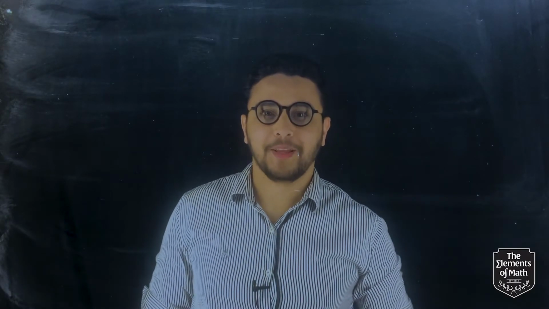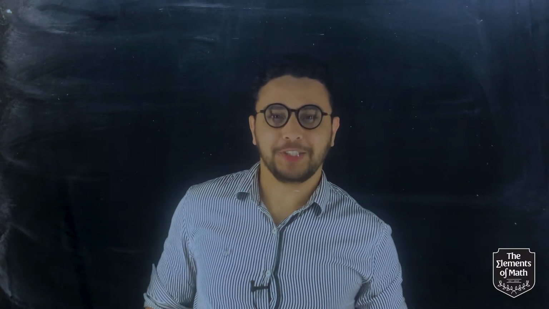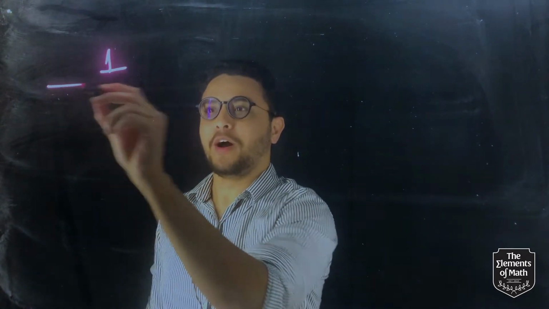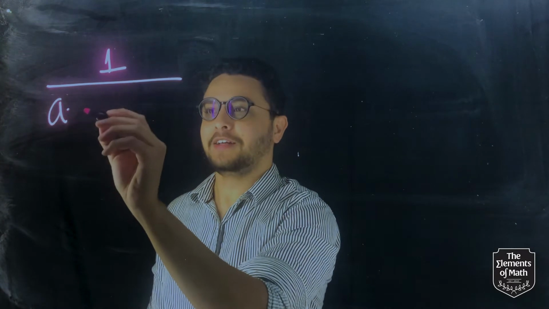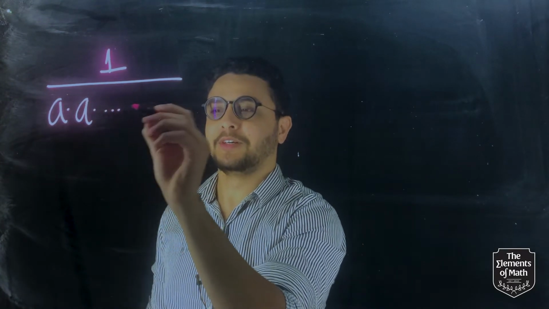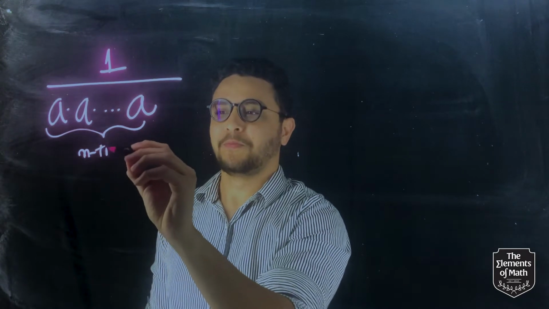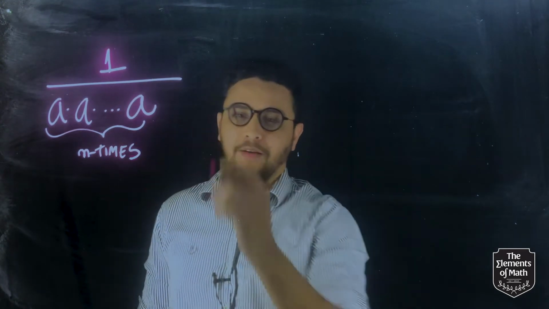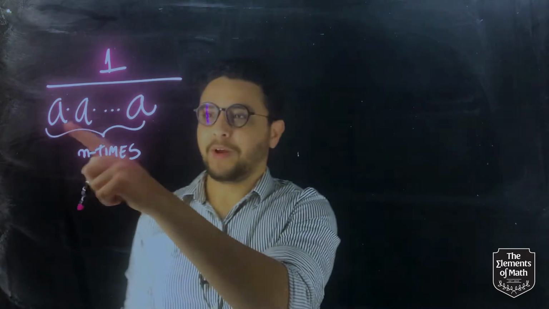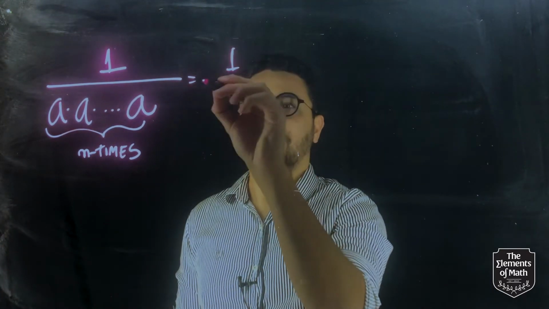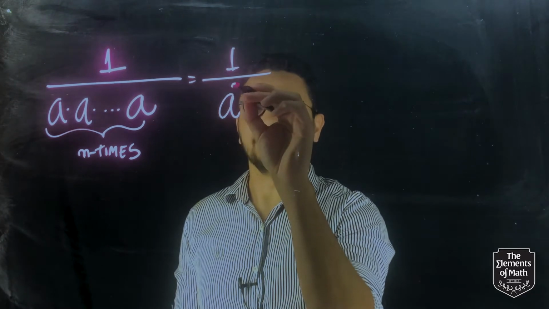Now, let's talk about one special notation when you have the following situation. For example, 1 over a, n times. We already saw that when I have this product, I can use the exponential notation.